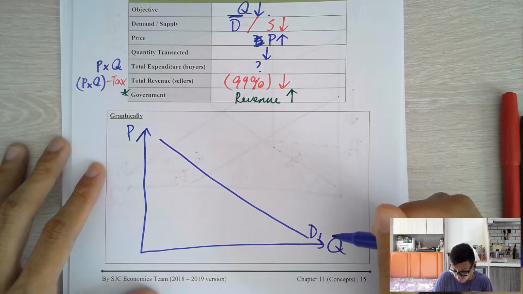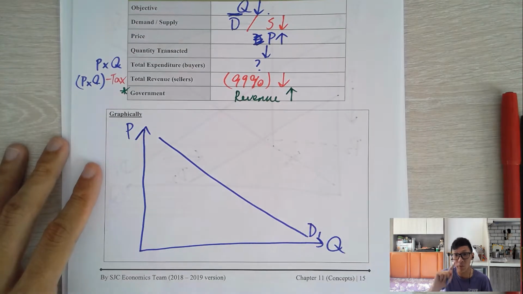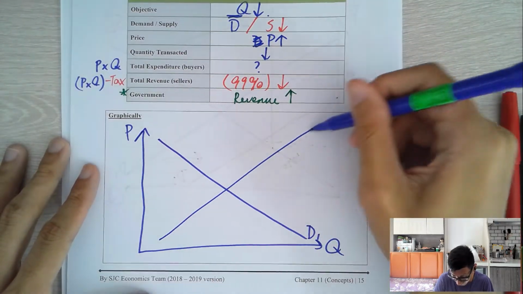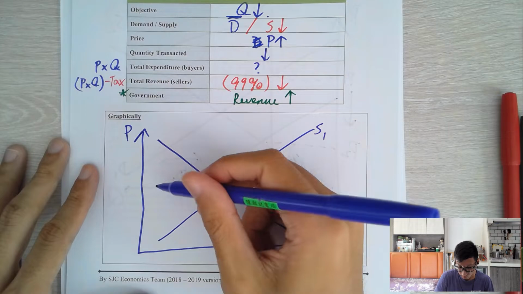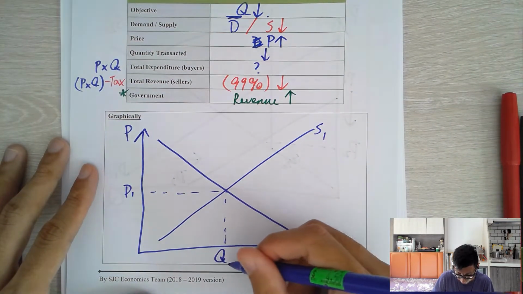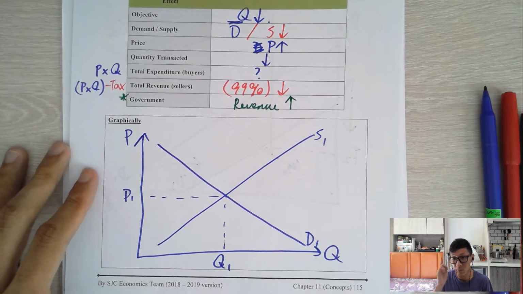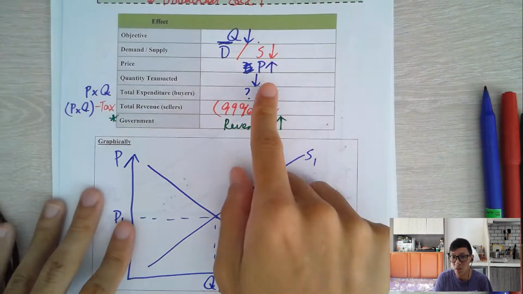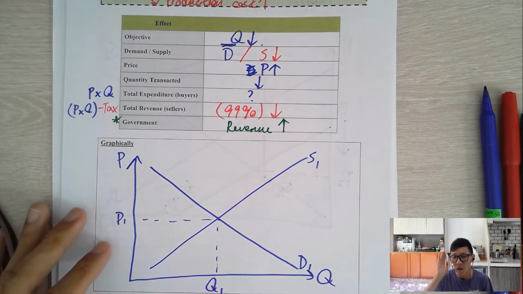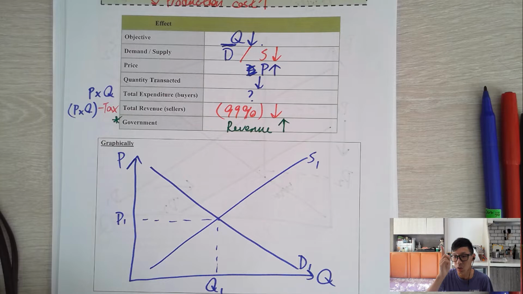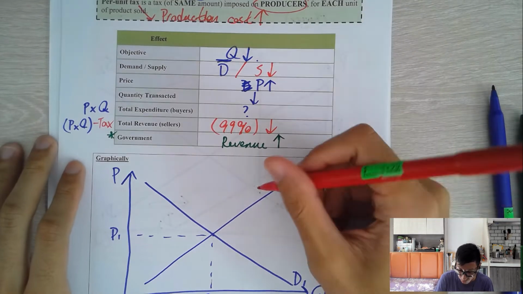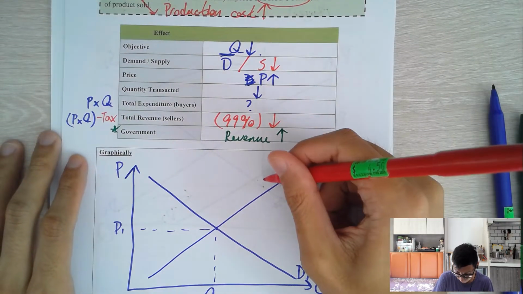This is our demand one, and there would not be another demand two. Now here, S1, so this would be our P1, this would be our Q1. Be careful. Now I know when we learn supply decreases, we used to draw left, right? But this time, when we are drawing tax, no, we do not draw to the left. Instead, we draw upwards.